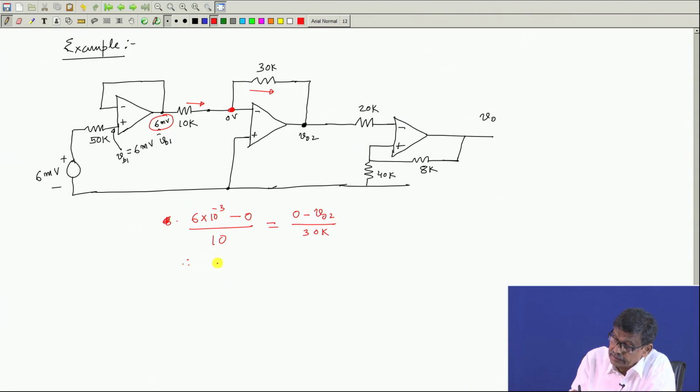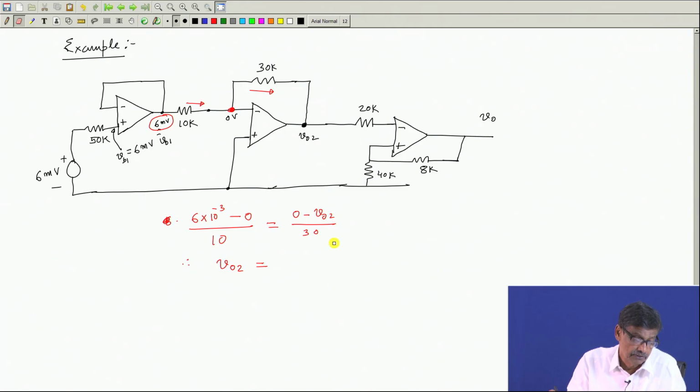Therefore, I can calculate V02 to be, this can be 30K. So, K you forget, current we are measuring in milliampere and so on.